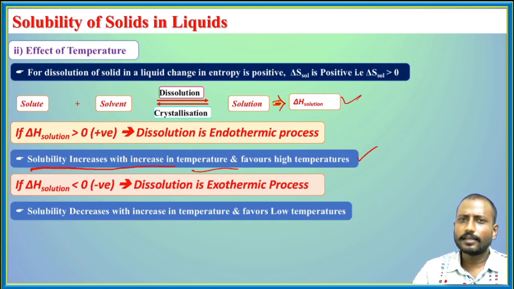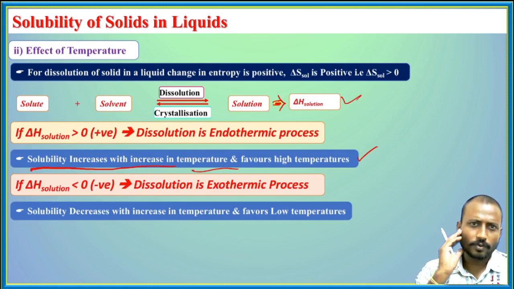Exothermic means the substance, when dissolved in water, releases heat. If you drop sodium, sodium hydroxide or potassium hydroxide into water, sodium is going to react, and that is not called solubility, that is called a reaction. But when you add sodium hydroxide, potassium hydroxide or copper sulfate into water, the beaker becomes hot, meaning they are releasing heat. So it is an exothermic process.